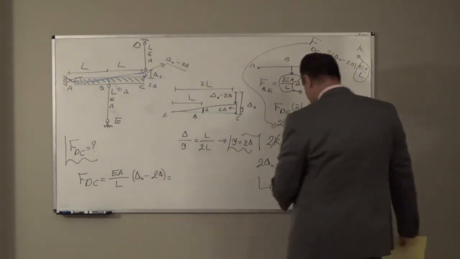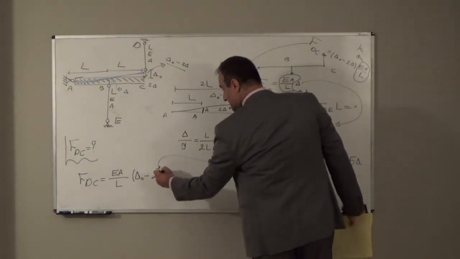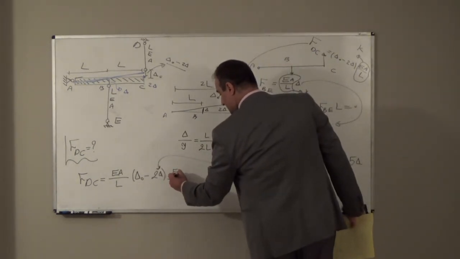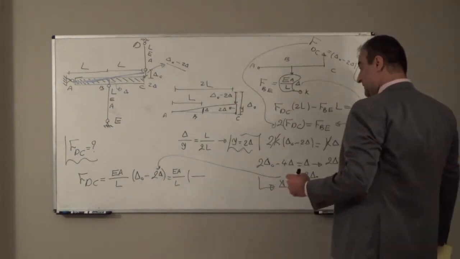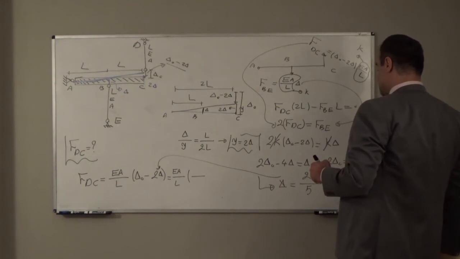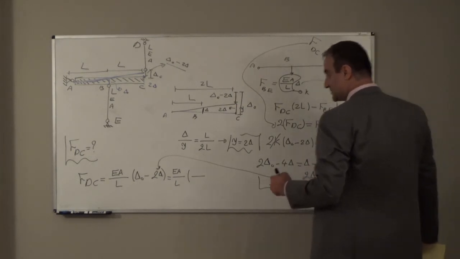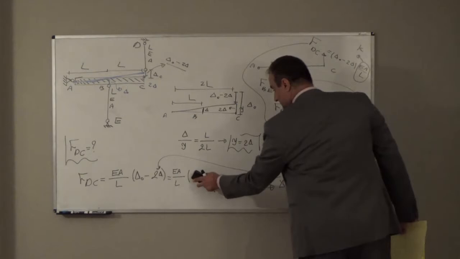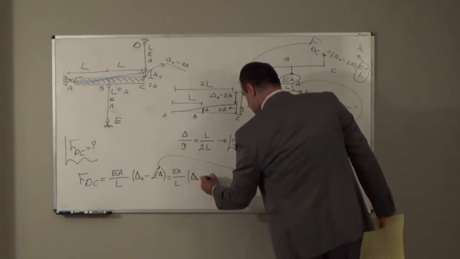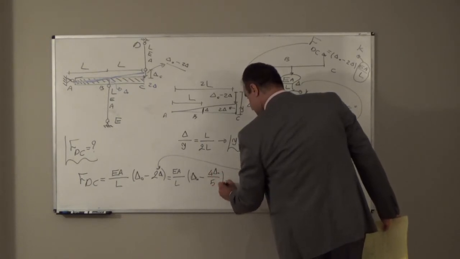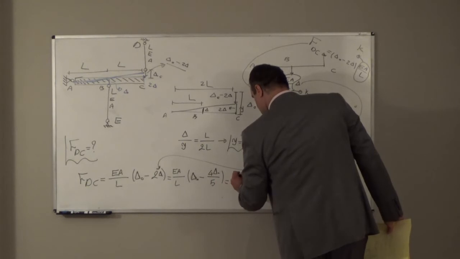If I plug delta from here to here, it will be EA over L times delta naught minus 2 times 2 delta naught over 5. So let me write like this. It will be delta naught minus 4 delta naught over 5. This will be EA delta naught over 5L.